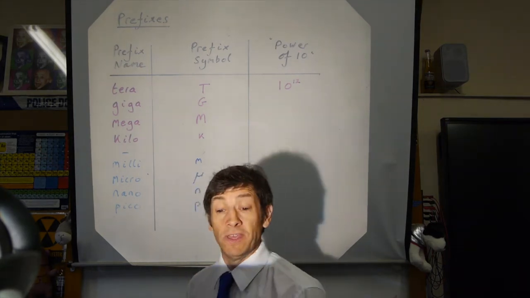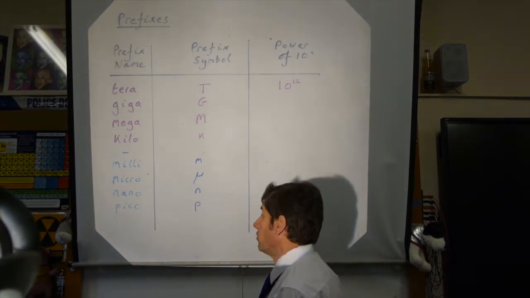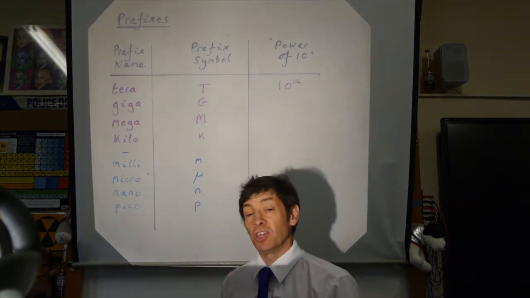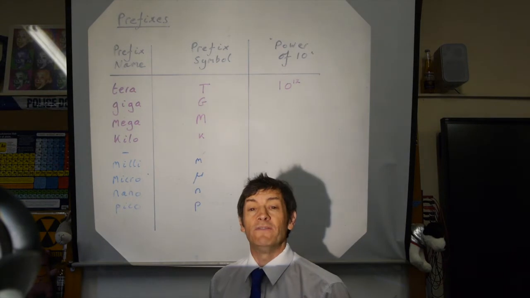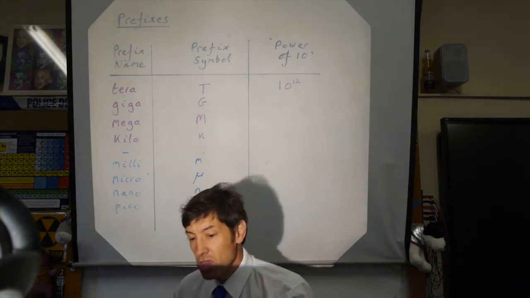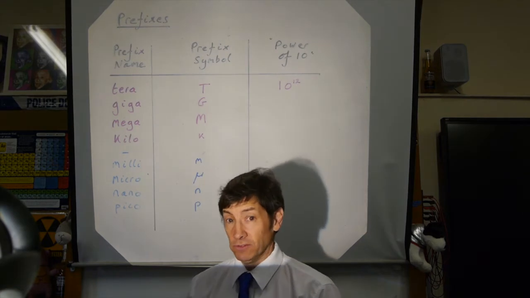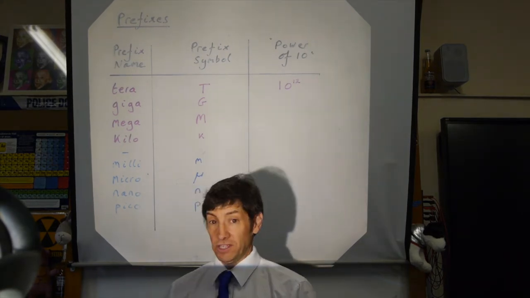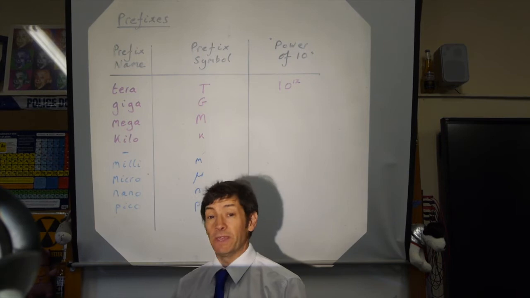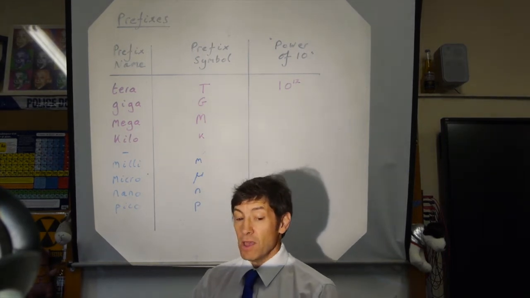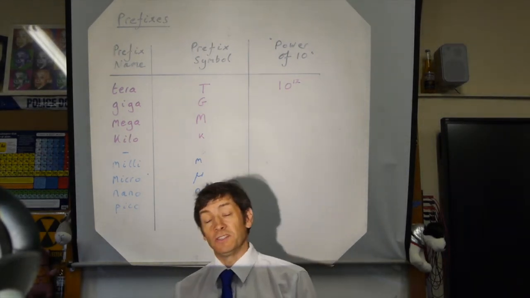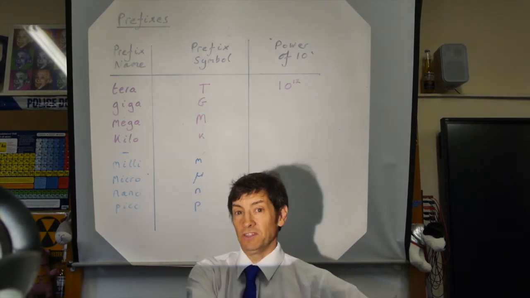Now, you've got to know these. There are prefixes that go in front of numbers that you're very familiar with. We measure distance in physics in meters, nothing else, or at least, to keep it simple, nothing else. So when we calculate, we work in meters. But obviously, we're going to talk about distances in kilometers.